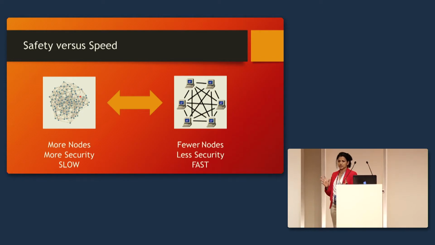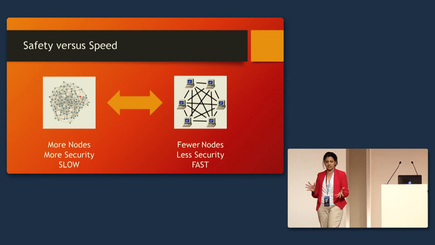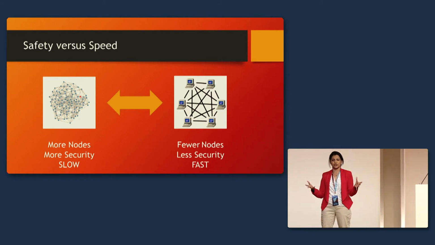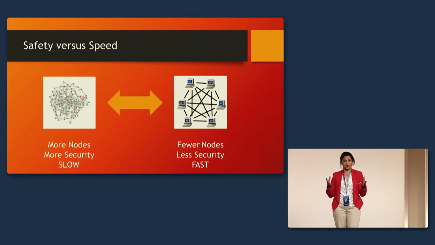So safety versus speed. So one of the things about blockchain architecture and blockchain technology, the more nodes you have in a shard, the greater the security you have, right? But you also have to understand that it's going to be slower. And the reason for that is you've got a lot more nodes that are coming to consensus on any given transaction. Fewer nodes, you're going to have less security, and it's going to be faster, right?